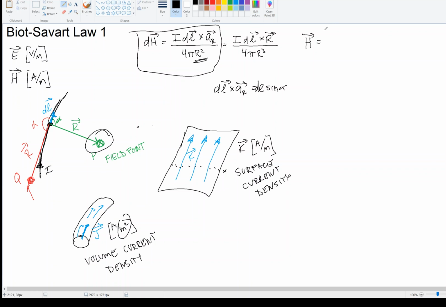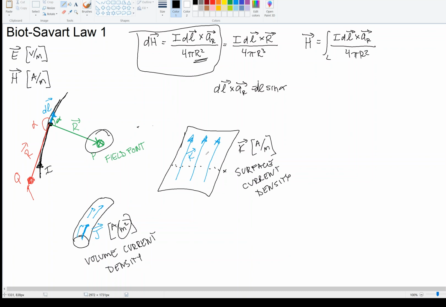Well, hopefully you guessed it. What we have to do is perform a line integral. We have to integrate across the current carrying wire, the Biot-Savart law. Like that.